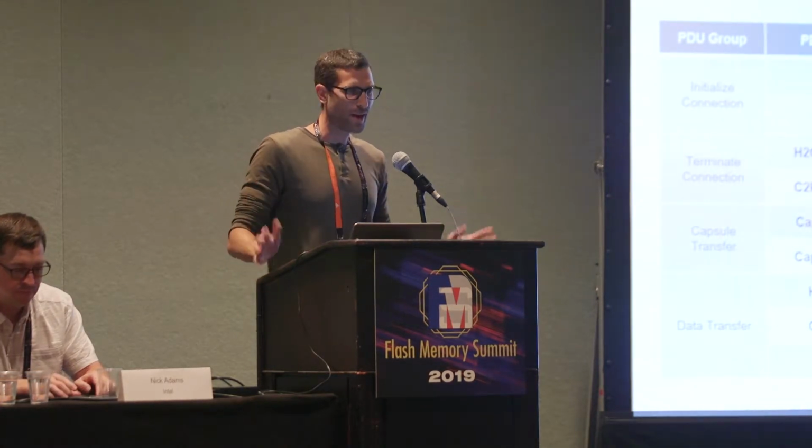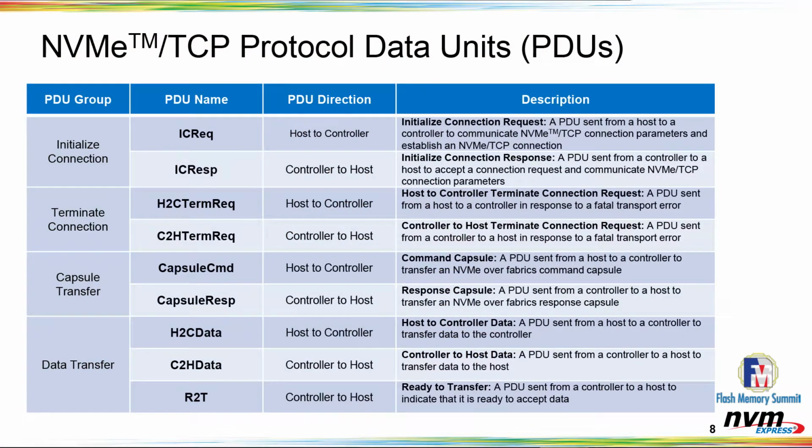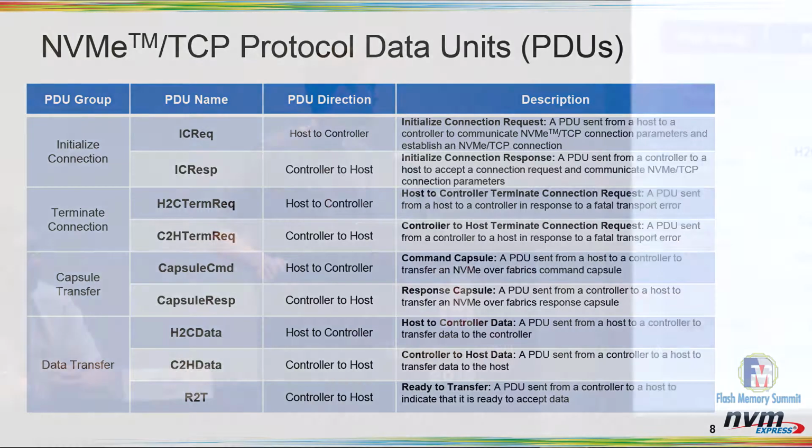So I think overall we have nine different types of protocol data units, or types of messages, that we transfer in the TCP transport binding, and they can cluster into four topics. The first is the connection initialization part, where both the host and the controller negotiate and declare different parameters or capabilities that are specific to the TCP transport binding.